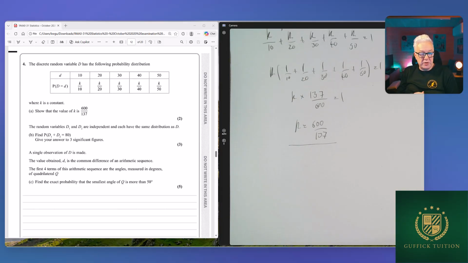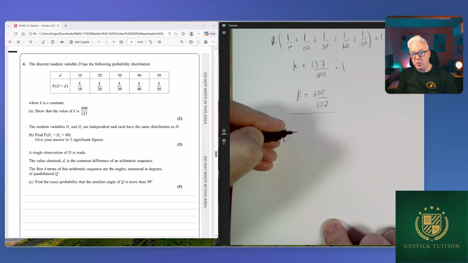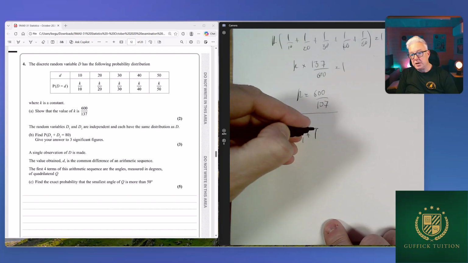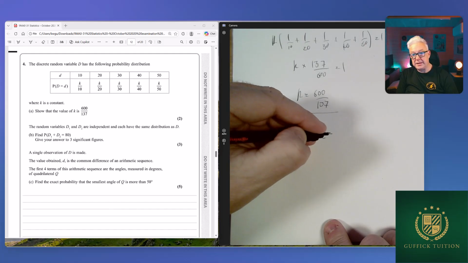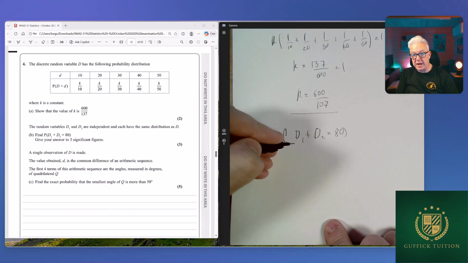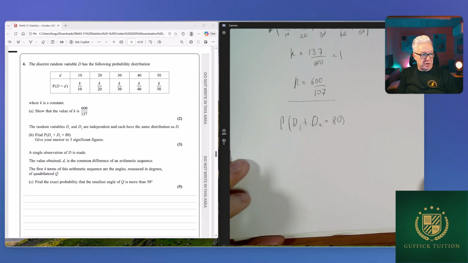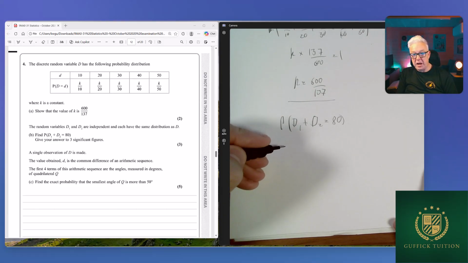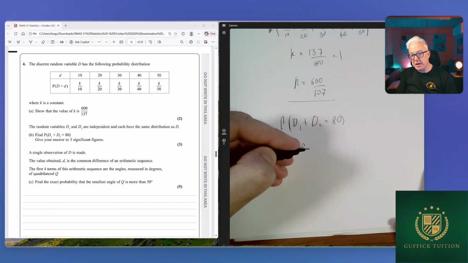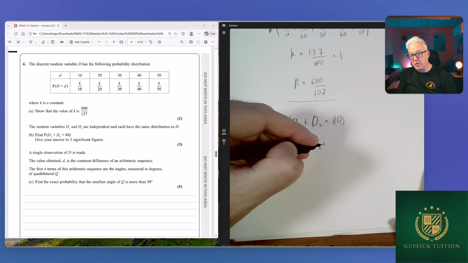Now, the random variables d1 and d2 are independent of each other and they have the same distribution as d. Find the probability that d1 add d2 is equal to 80. So when we add them together, they've got to come to 80. What possible combinations could we have? One option is that d1 is equal to 30, which means that d2 would equal 50.